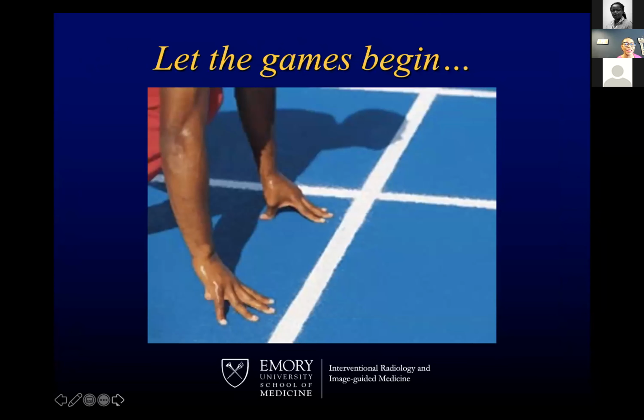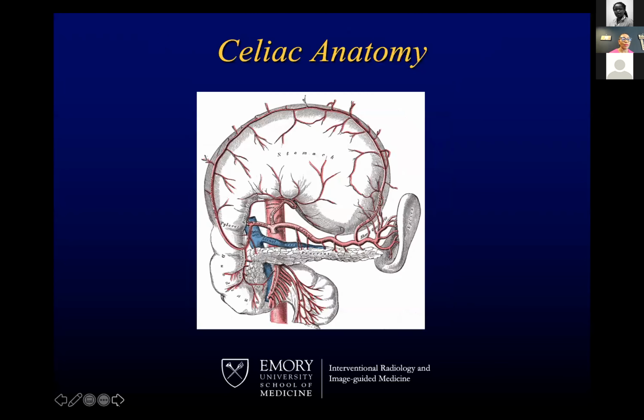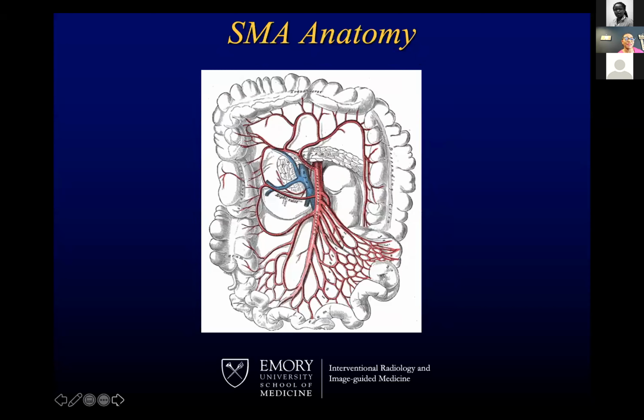So we're going to continue on our arterial vascular anatomy. I think last week we did quite a bit of coverage in the chest region, and now we're into the abdomen. Looking at the singular arteries, we have the celiac artery or celiac axis, the superior mesenteric artery, and the inferior mesenteric artery.